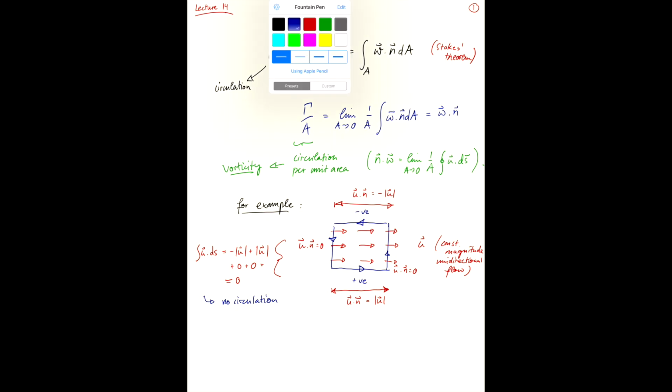Let's consider a different example. Say we have a velocity field that flows to the right in the lower half of our domain and to the left in our top half.